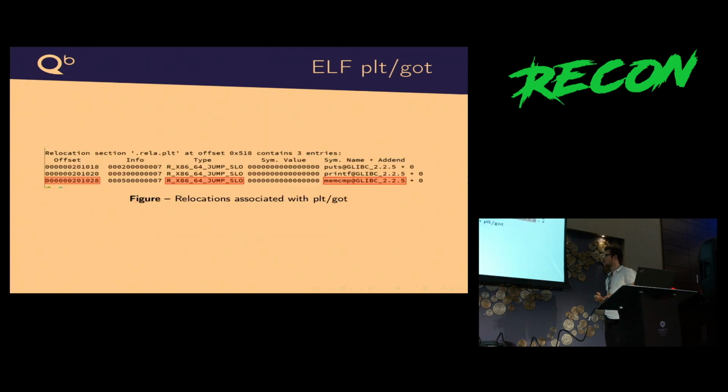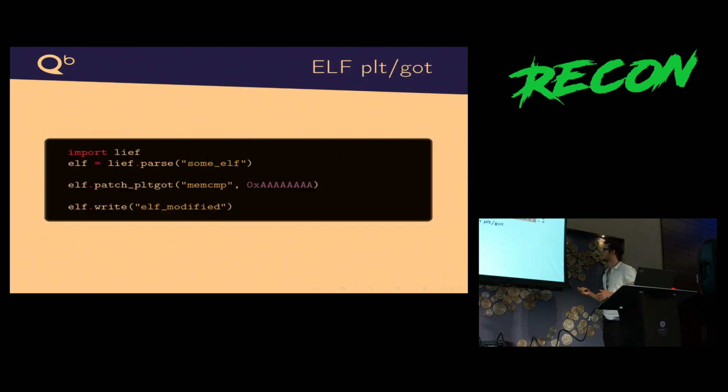In the ELF format, you have a special relocation associated with this address, which is the jump slot relocation. So to do the hooking, you can just iterate over the relocations associated with the PLT-GOT section, check for the interesting address, and patch this address in the binary.